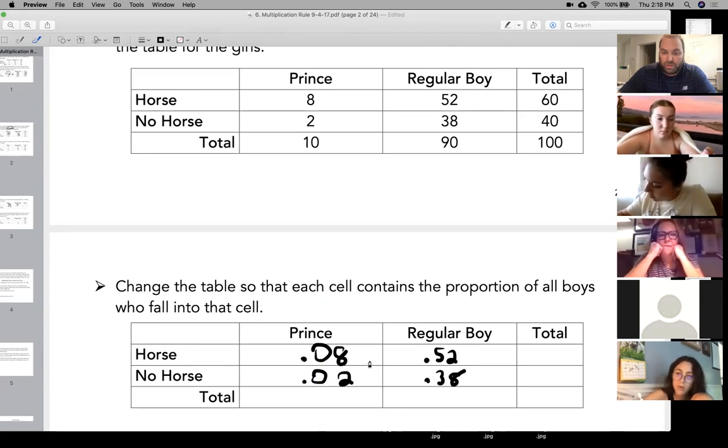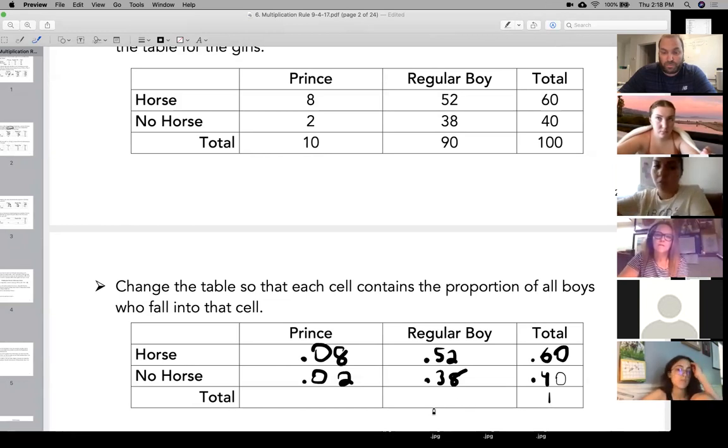And of course, these numbers add to 0.60, and these numbers add to 0.40, which they better because it has to add to 1. And what goes here? 0.90.